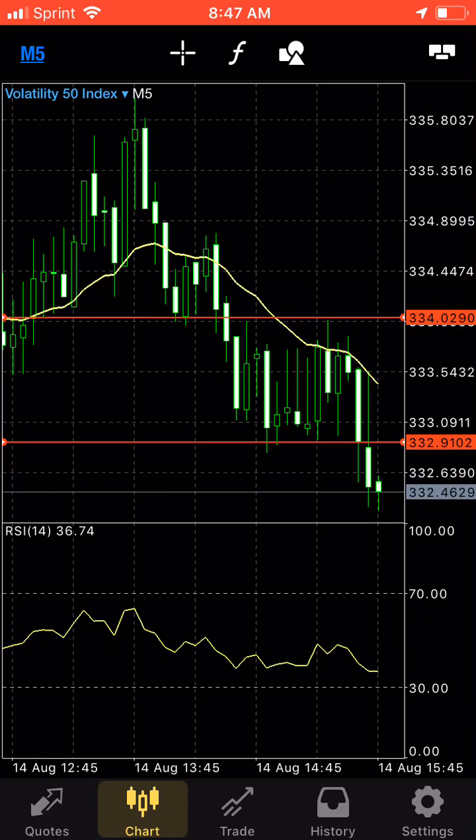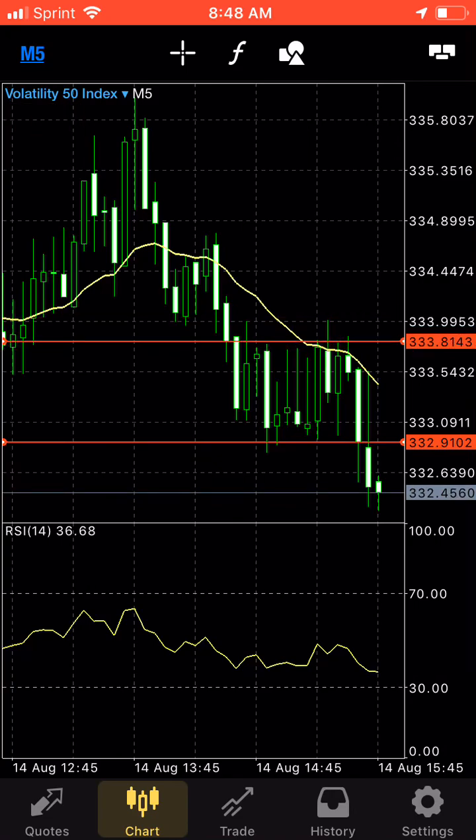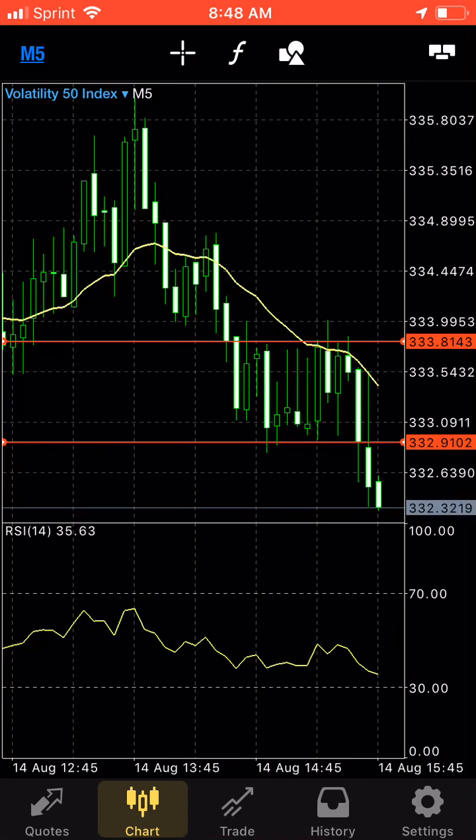But looking at this setup, I can only tell you that the pullback started ranging. When market is ranging, it's a little bit confusing because it takes longer for price to actually decide where to go. But in this case, we were expecting price to go down.